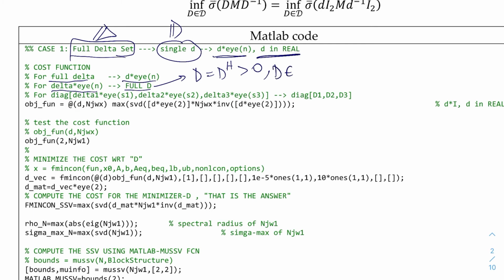Since I said Hermitian, you directly assume a complex matrix, but it's better to express that explicitly. For the diagonal uncertainty case, we have diagonal D matrices, actually not a D matrix, but just D1, D2, D3, all of them positive real numbers.